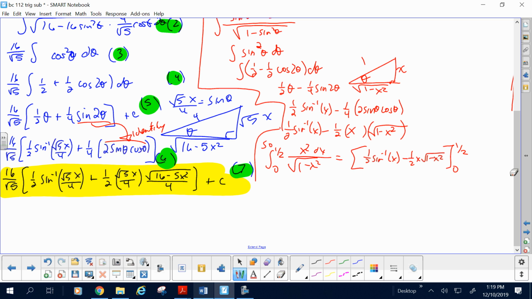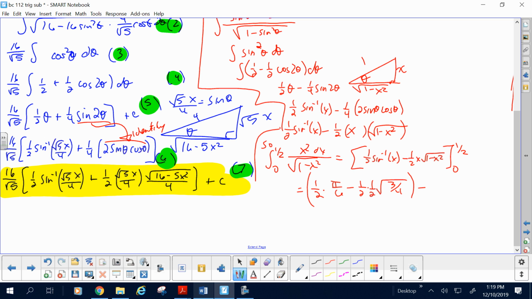Here we go. We're still not out of the woods. For Pete's sake, here it is. 1/2, tell me, what's the arc sine of a half? Pi over 6. Minus 1/2 of 1/2, and what's root 1 minus a half squared?